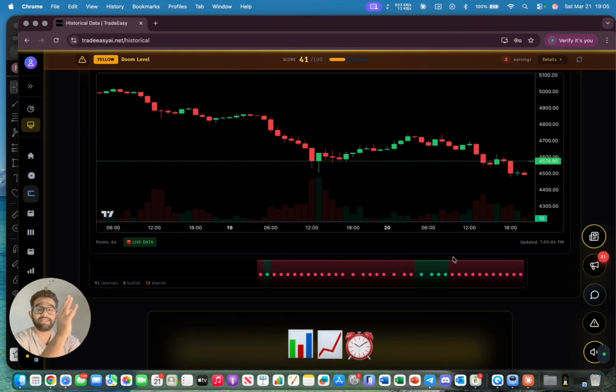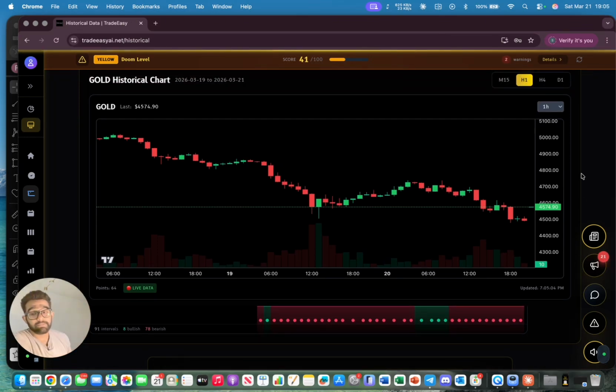So this is what hedge fund traders do with their Bloomberg terminal. You are getting it like this, and as I get better, as we get more users, I'm going to make sure that everyone has access to that level of execution.